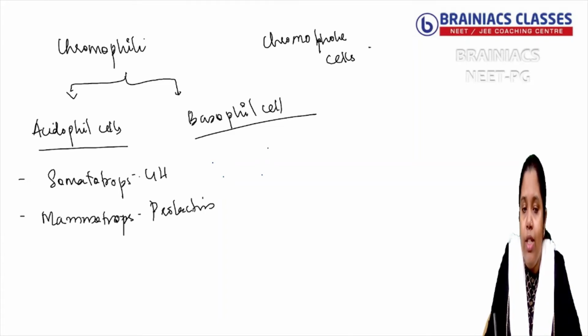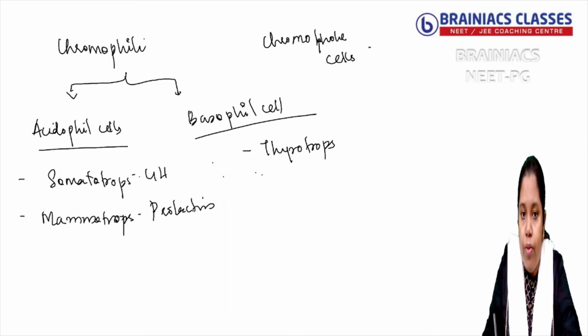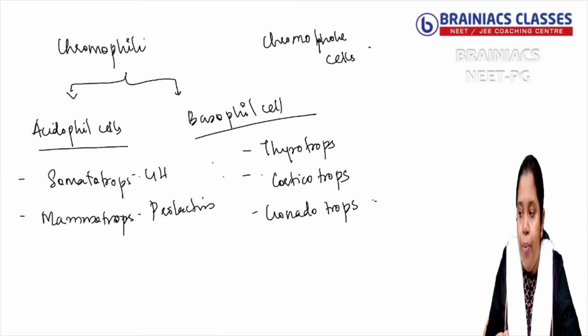The basophil cells include the thyrotrophs, corticotrophs, and gonadotrophs. What is the difference between chromophil cells and chromophobe cells?